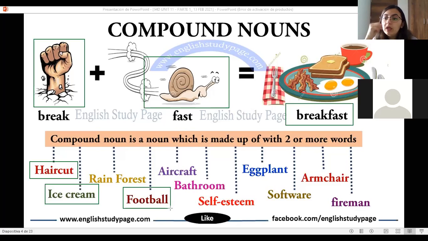Pie y pelota. So the final word or the compound noun here is football. We have some others such as aircraft, bathroom, self-esteem, eggplant, software, armchair, or fireman.